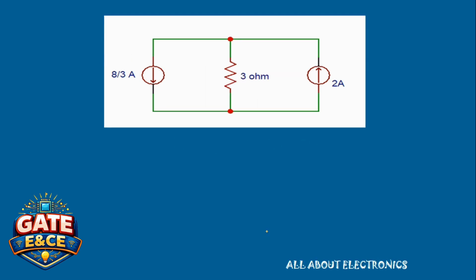So now the circuit will have a 3 ohm resistor in parallel with these two current sources, and the voltage across this 2 ampere current source is nothing but the voltage drop across this 3 ohm resistor. So Vx can be given as 3 into I, where I is nothing but the current that is passing through this 3 ohm resistor.